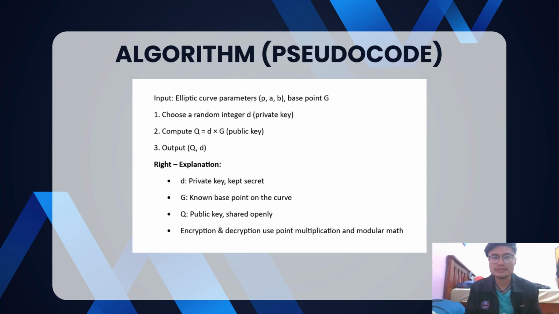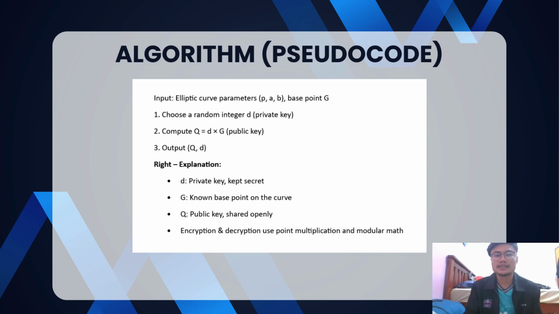So in summary, the input to the algorithm is the curve and base point. The secret key is randomly selected, and the output is a secure key pair: D as the private key and Q as the public key.